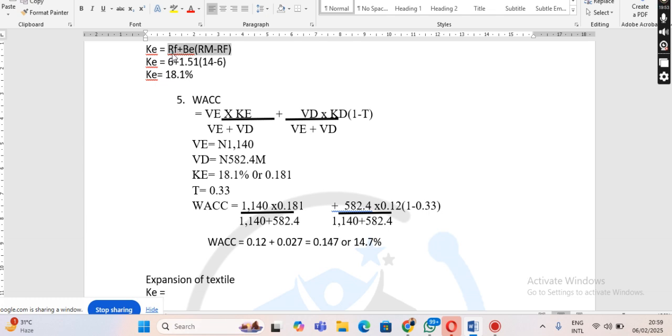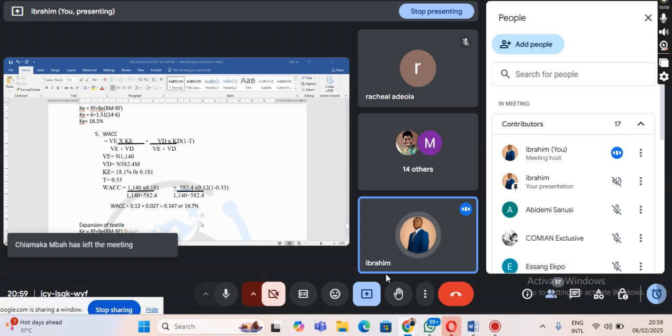Don't forget that the reason why we don't need to adjust for risk is because it is still the same industry. So there is no need for you to calculate any risk.